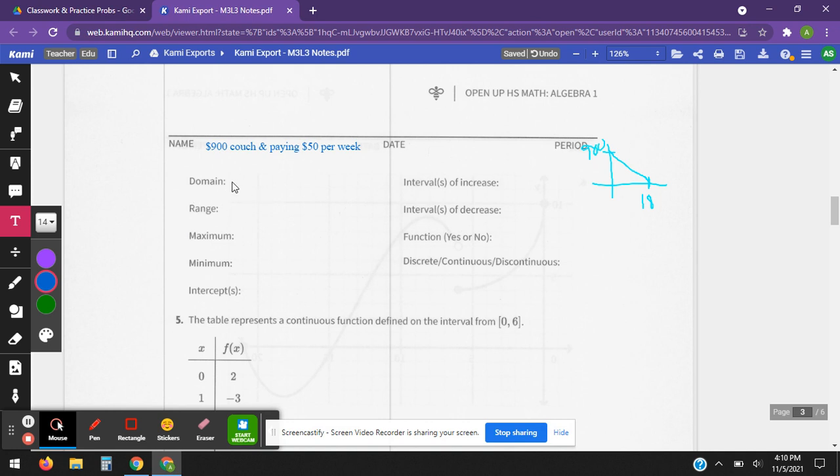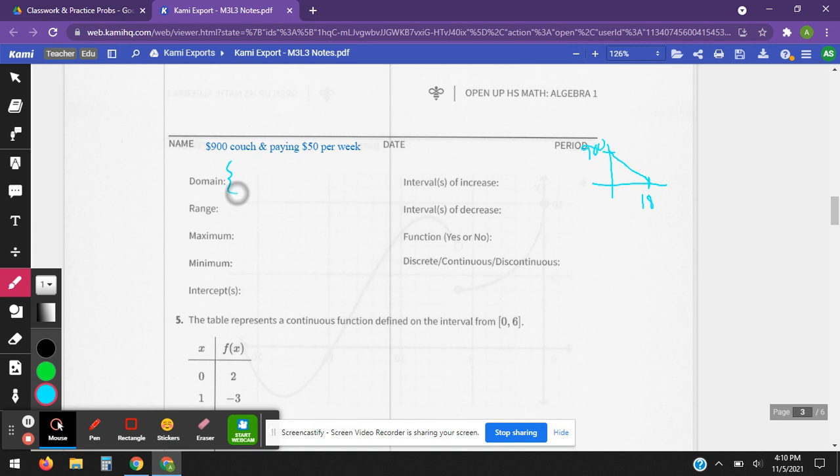And what that looks like, I'm going to have to draw this one, is we have certain numbers, right? It's not just every number being between 900 and 0, or every number between 0 and 18, but it's only whole numbers, right? It's going to be 900, 850, 800, 750.